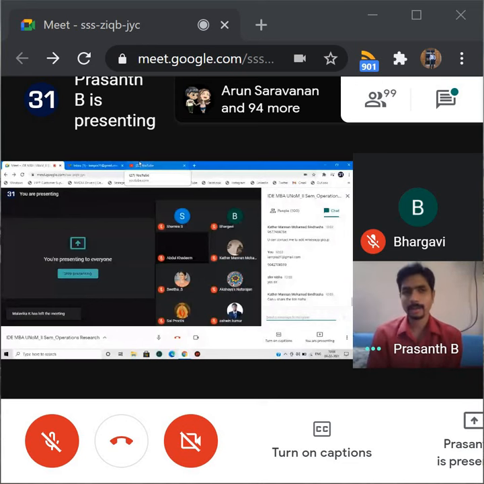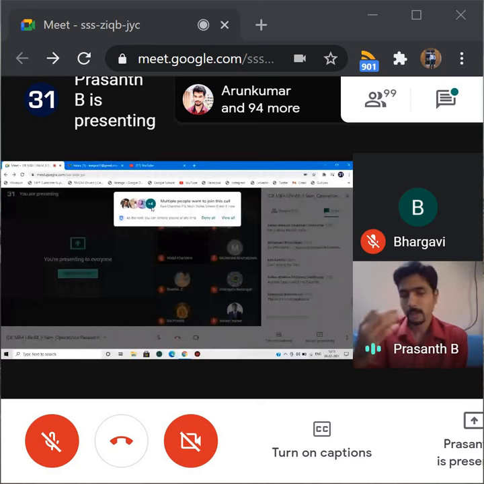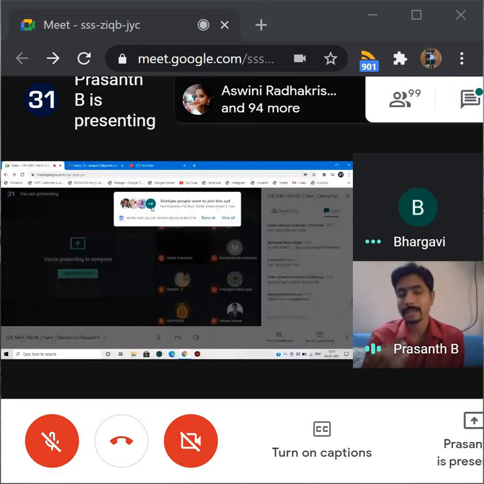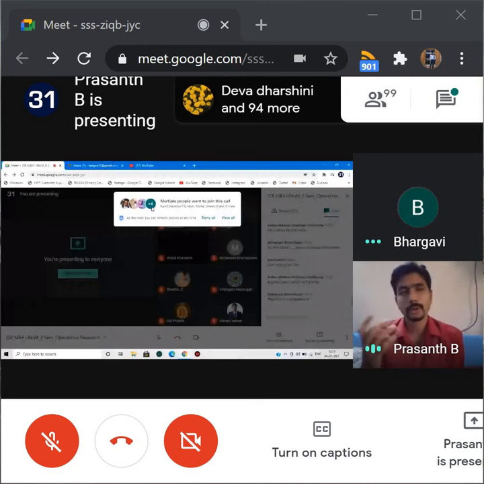Proceeding further, this is your replacement decisions. In that you have three techniques of replacing the machinery. The first one is called the CRS model, and then you have the CRB model. And the third one is the group replacement model.